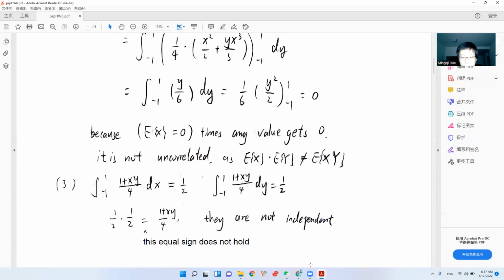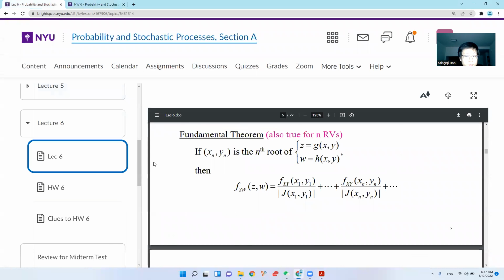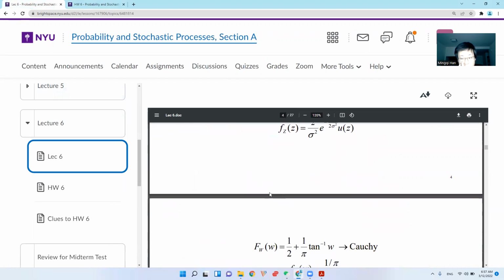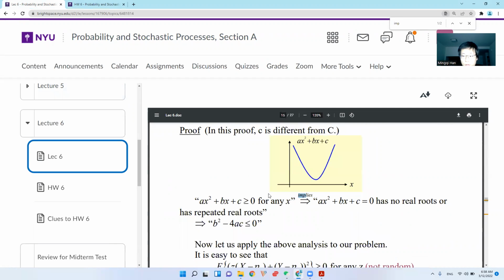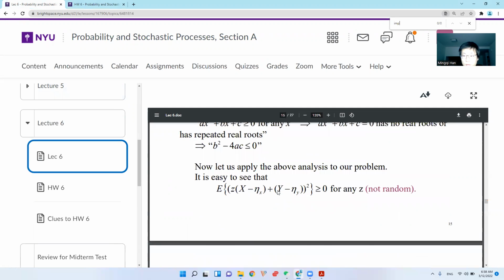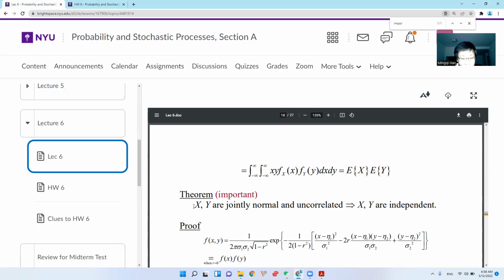There is also another way to check this. This rule: if x and y are jointly normal and uncorrelated, then x and y are independent. Also, if x and y are jointly normal and not uncorrelated, then they are not independent.